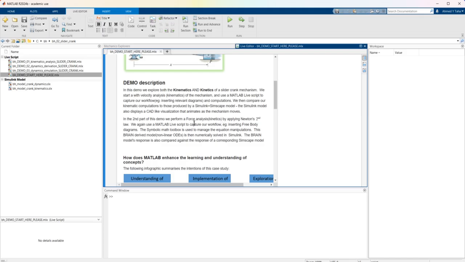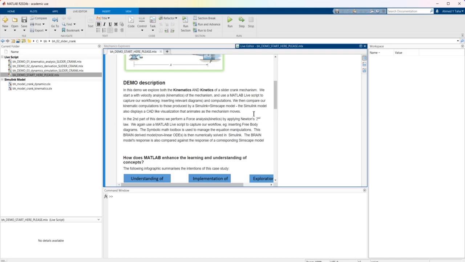So we start with the velocity analysis, which is going to be kinematics of the mechanism, and use the MATLAB live script to capture our working, for example, inserting the relevant diagrams and the computations, and then we're going to have to compare our kinematics computations and those produced by the Simulink Simscape model.